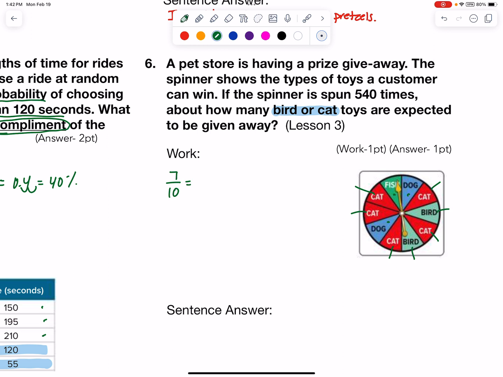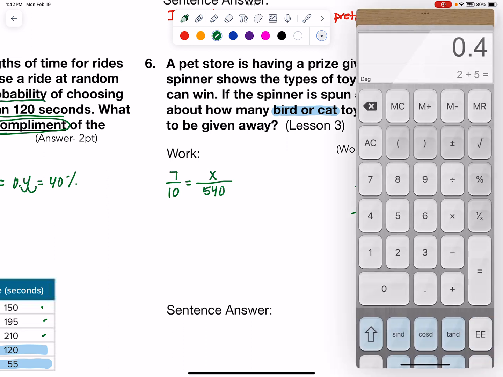And instead of out of 10, we want to predict what happens if it's 540 times. Okay. So same thing. We can find our multiplier or we can cross multiply. So I'm going to go ahead and try to find the multiplier. 540 divided by 10. And we obviously have 54, nice easy multiplier, times 54 over 54. And 54 times 7 is 378.